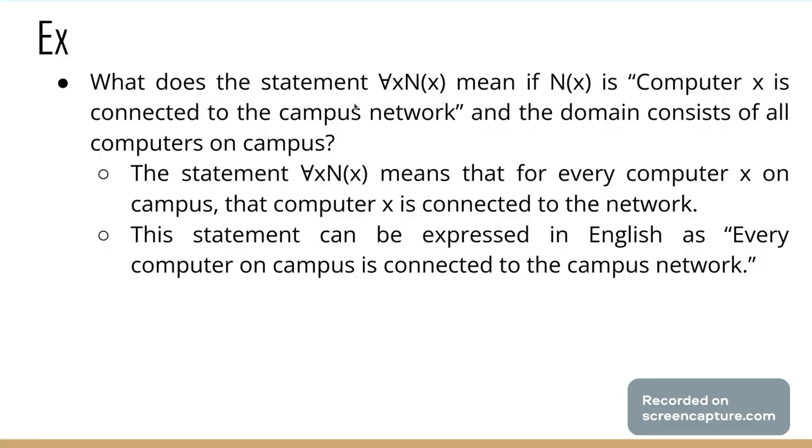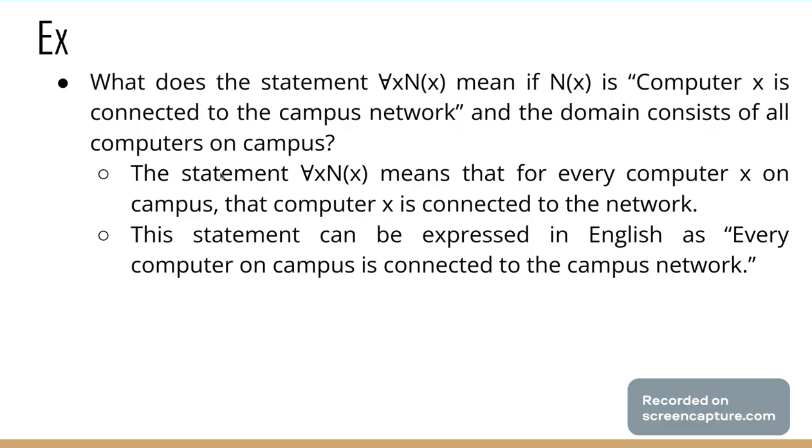Another, what does the statement for all x, N of x mean if N of x is computer x is connected to the campus network? So the statement is computer x is connected to the campus network, and the domain consists of all the computers on the campus.